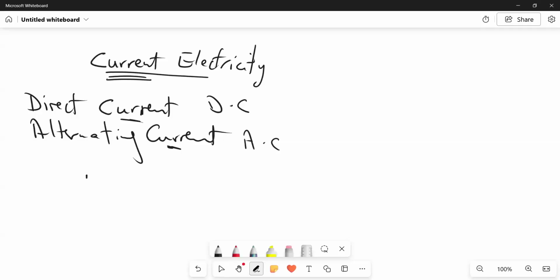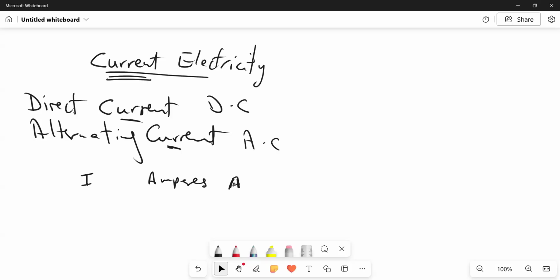Current is depicted by the letter I, capital I, right? And it's measured in something called amperes. The symbol is capital A. If you were to do a little more physics, you'll see that we talked about electrons and protons last week.